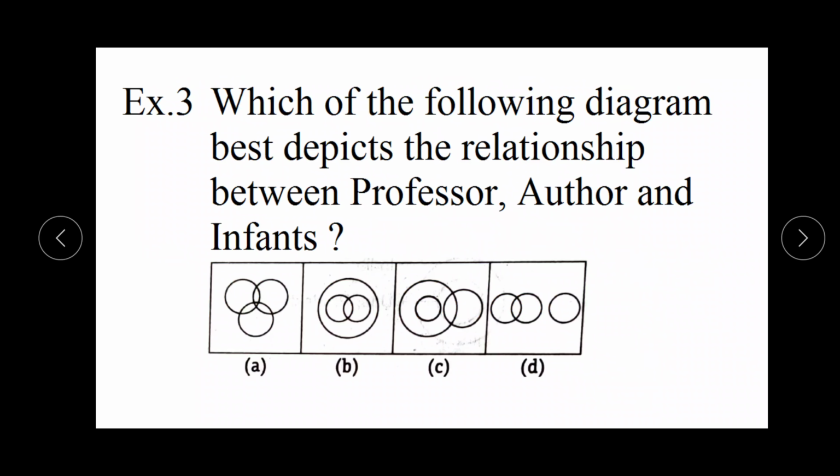To understand this better, we can take one more example on this topic. We have to find out the relationship between professors, authors, and infants. It means we can say that professors can also be authors, but infants cannot be professors and authors, because in fact the infant class is the very small age of a human being.